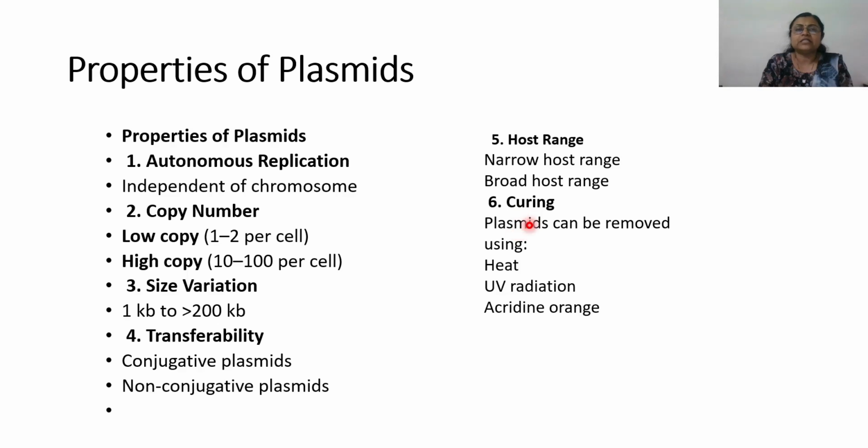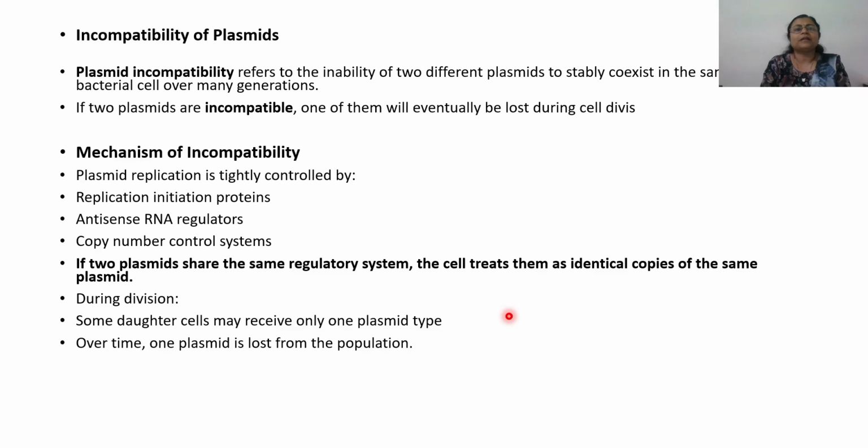Curing of plasmids is also one of the important properties. Due to certain factors like heat, UV radiation, and acridine orange, plasmids can be removed from the cell. So plasmids are susceptible to heat, UV radiation and acridine orange. These are the properties of plasmids.